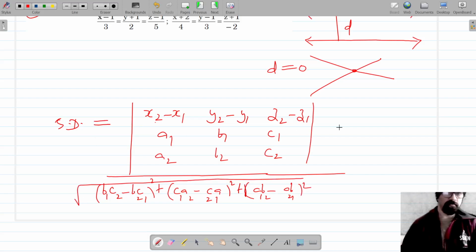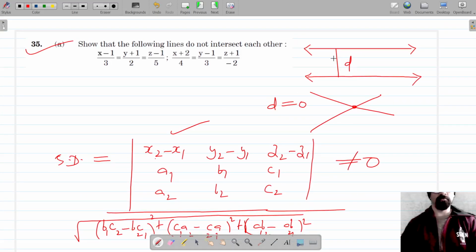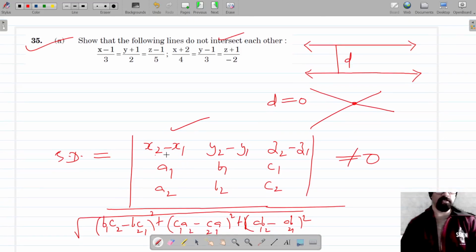This is the shortest distance, and it should not be equal to 0. If this is equal to 0, the lines intersect, and if it is not equal to 0, the lines do not intersect each other.